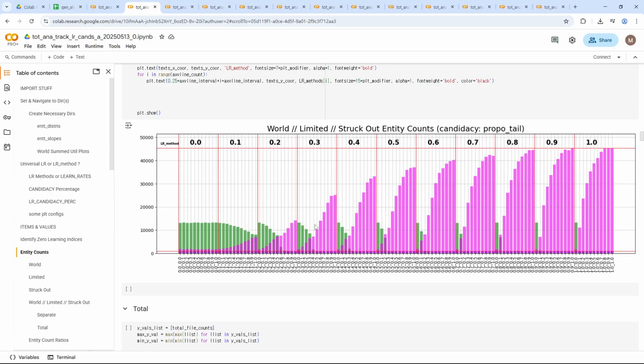When the learn rate is at and above 0.3 or 30%, we usually end up creating more entities through procreation, because we are striking more and more out than we limit out.